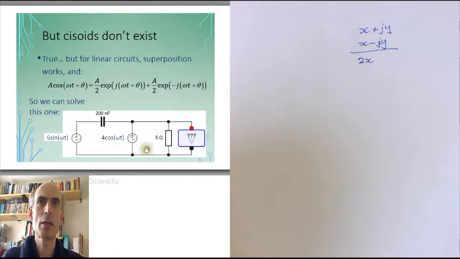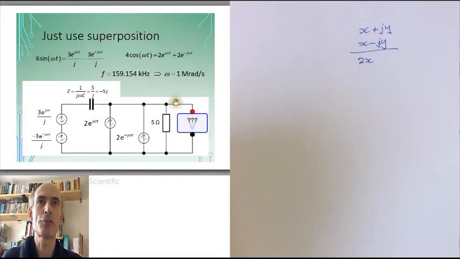So, we can take any real oscillation and divide it into two cissoids. We can solve the circuit for cissoids using the concept of complex impedance, and as long as the circuit is linear, we can then use superposition to add up the effects of all of these individual sources to produce the final real output. For the case of this circuit here, the first stage would get you to this circuit.